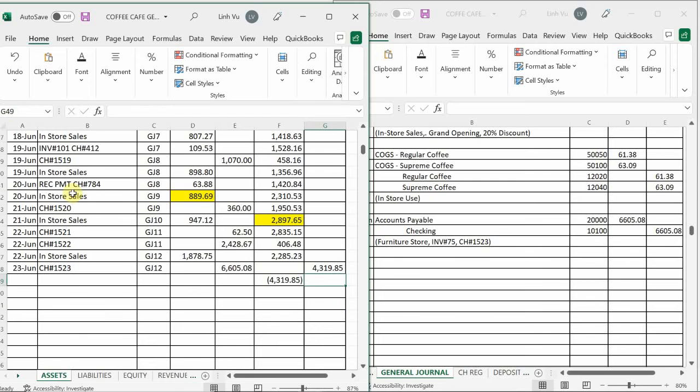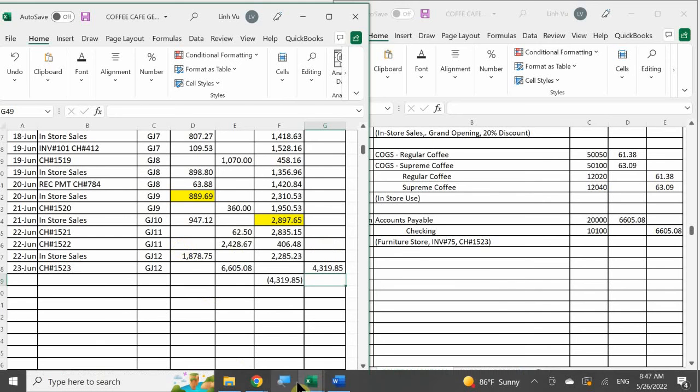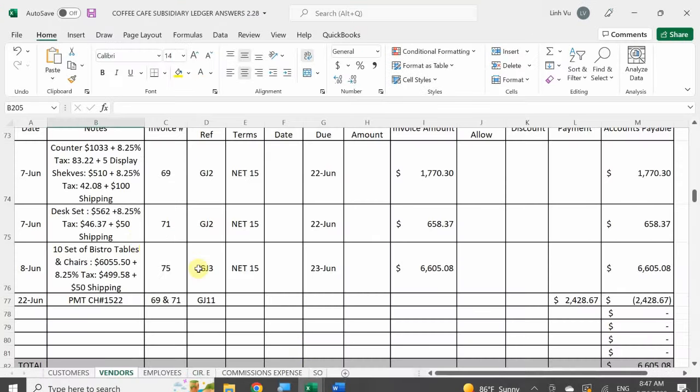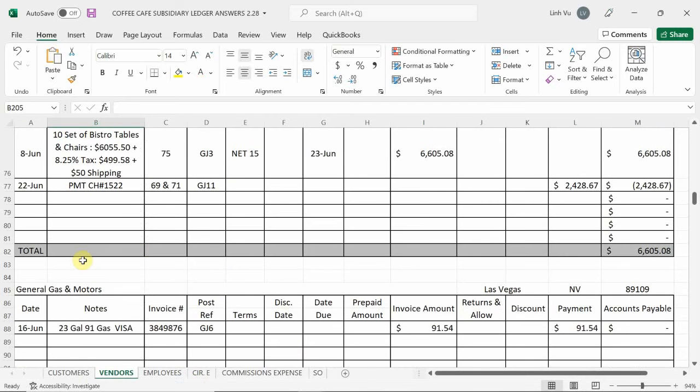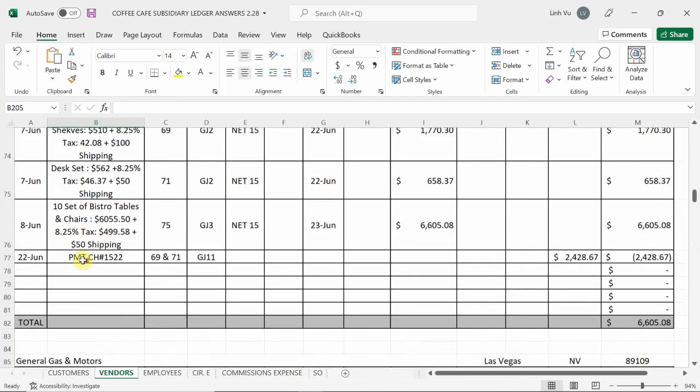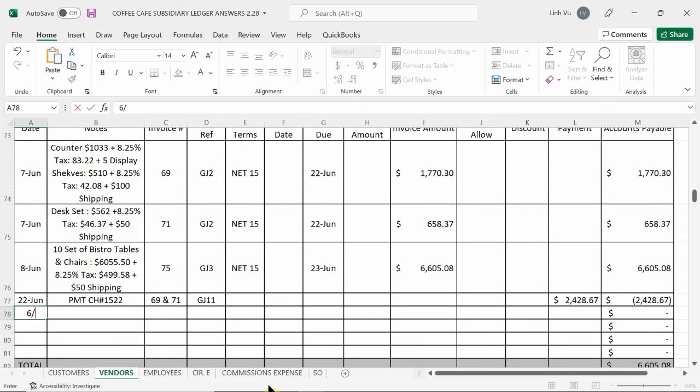So let's finish off this transaction. Here, we just updated our ledger. Now we need to update my subsidiary ledger, because I paid what I owed. Payment, check number 1523 for invoice number 75 on General Journal page 12.